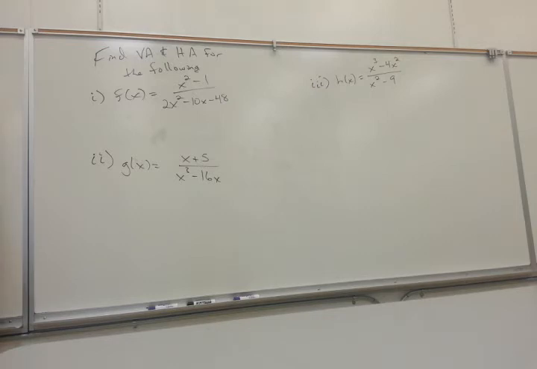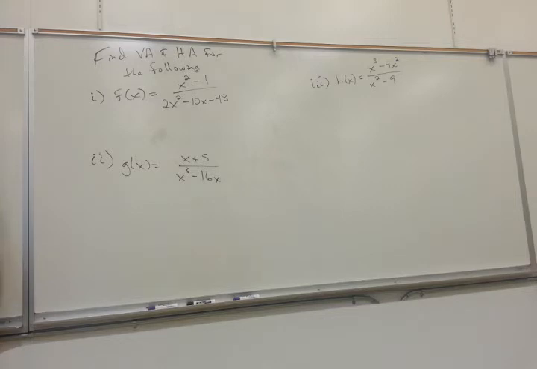Comes from the domain. So let's factor in the domain, we get negative 24 factors to negative 5, 6, and then zero. Quadratic. Do you know how to do this?